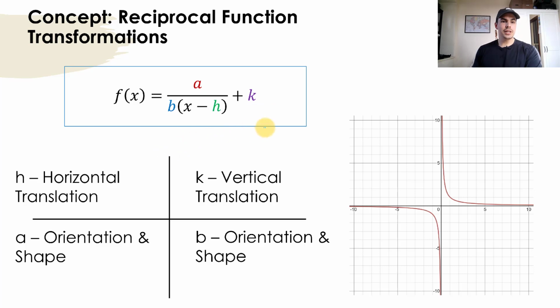The h and k are exactly what we've seen previously: horizontal translations, shifting left or right, and vertical translations, shifting up or down. A shows us our orientation and shape, and B is a bit of a new one, but again, that's going to affect our orientation and shape in a little bit of a different way. So let's go ahead and hop into Desmos and see what we're talking about here.